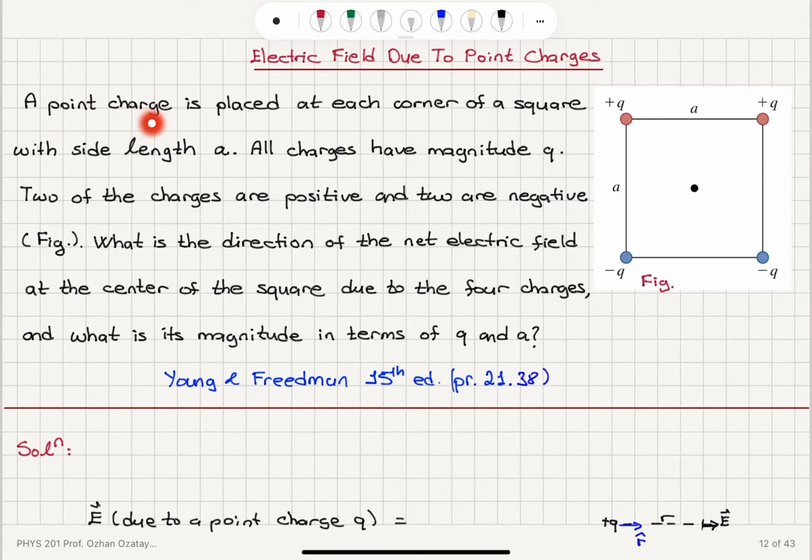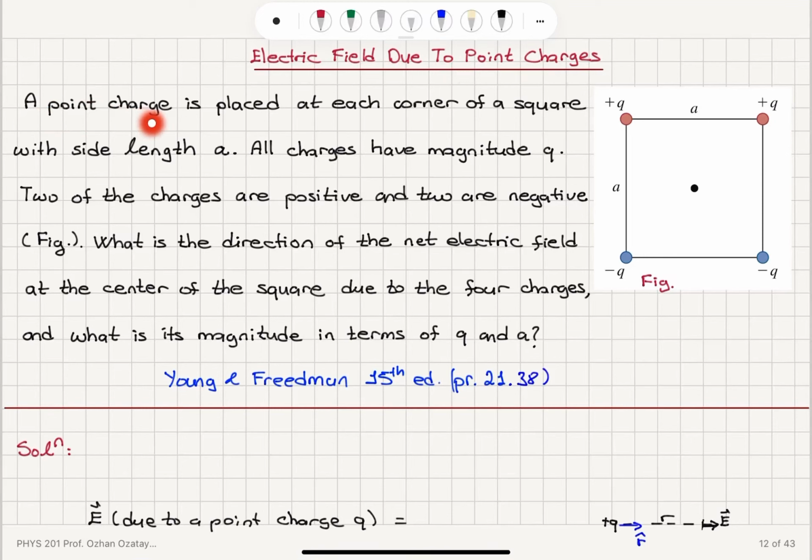So at this point, the electric field would be pointing radially outwards due to this positive charge. And that's exactly what we have done here. Due to the first charge, it's radially outwards, so that's E plus 1. This is going to be E plus 2. This is E minus 3 because it's negative. Now it's pointing towards the charge. And for the fourth charge, it's pointing towards the fourth charge.